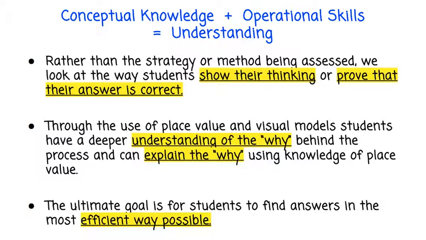This is helping students really gain a deeper understanding of place value, understanding the why behind the strategy, and ultimately we want students to be able to find the quickest and most efficient way possible. So through that understanding, they can find a quick way to solve the problem.